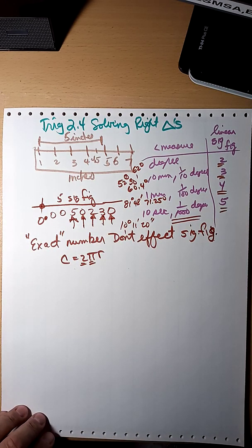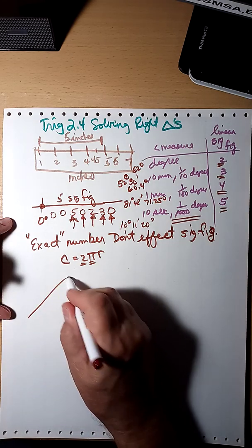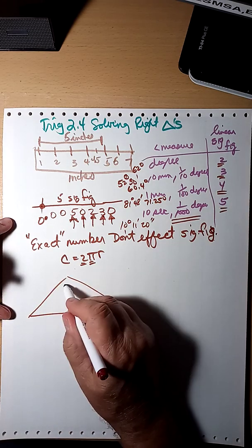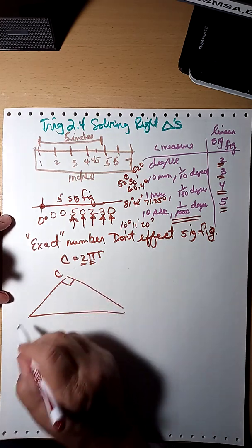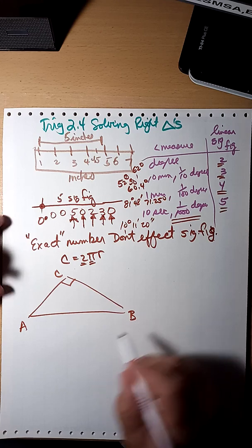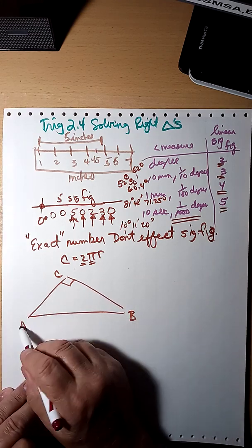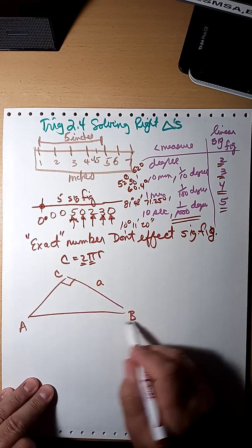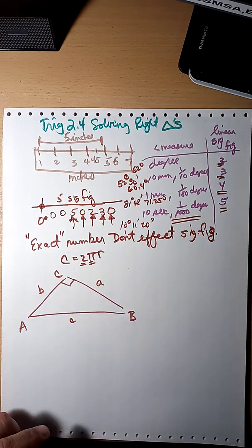Okay, so the way to solve any right triangle, we're going to always use C for the right angle, and A and B are going to be the other two angles in that right triangle. The sides opposite are the little letters, a little a, a little b, and little c, hardest one to determine.